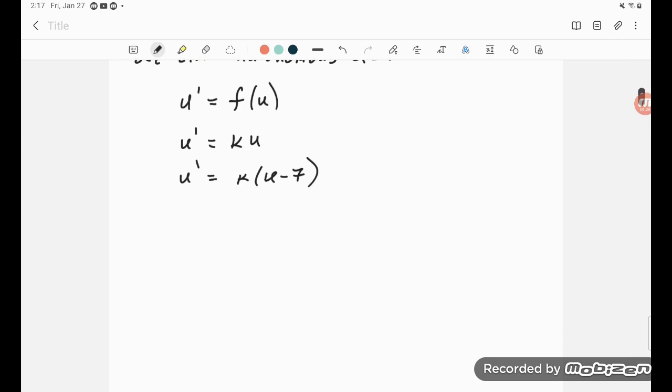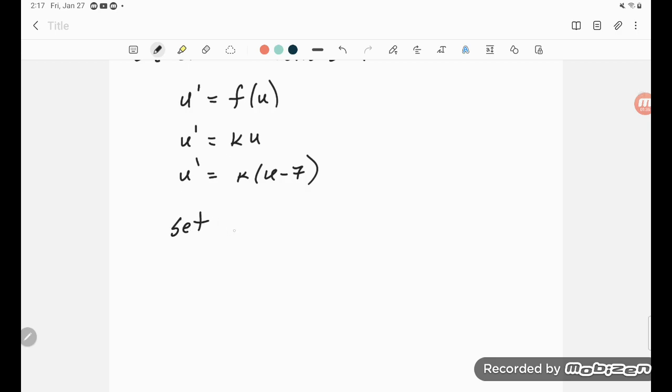But with such a thing, notice you can then set u prime equal to 0 and solve for u.